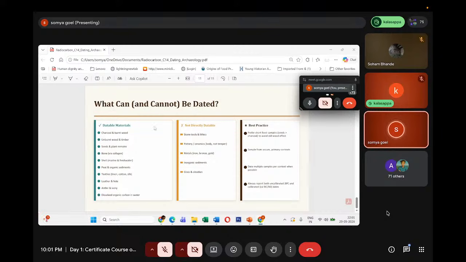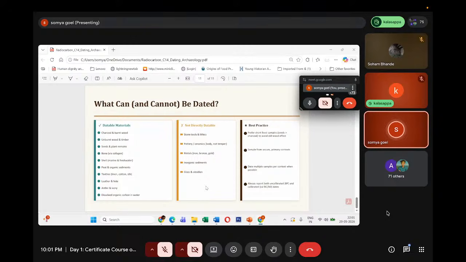Now we've talked about the dateable materials. Now we'll talk about the ones which cannot be directly dated. We cannot date the stone tools, they're not organic. We cannot date the pottery directly, however we can date the organic residue inside the pottery.